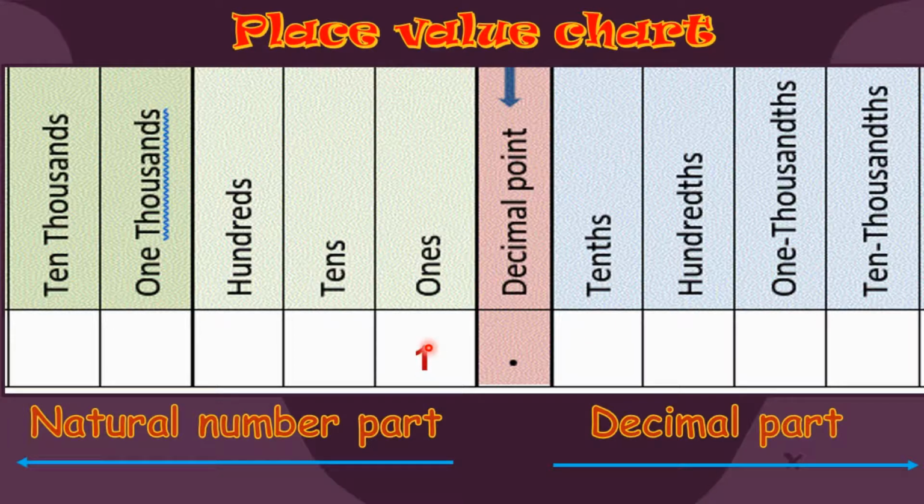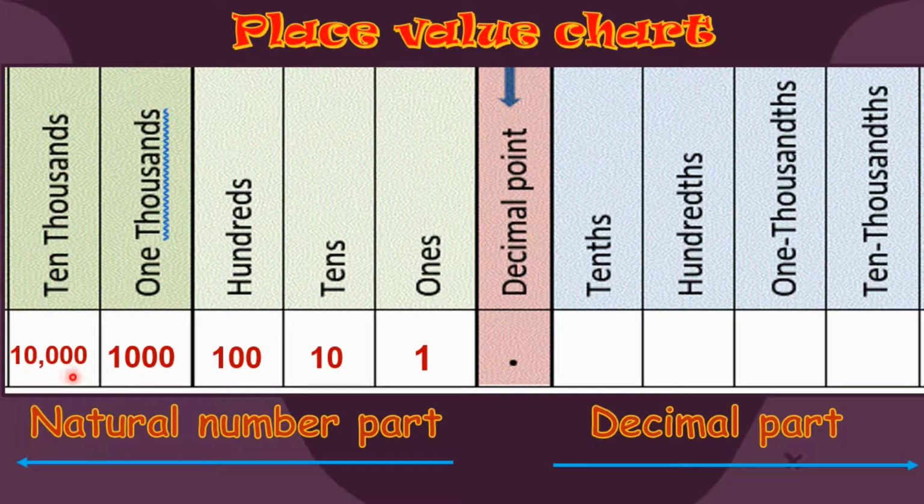The second place before the decimal point is the tens place and its place value is 10. The third place is the hundreds place and its place value is 100. The fourth place is the thousands place and its place value is 1000. Like that, the fifth place before the decimal point is the ten thousands place and its place value is 10,000.